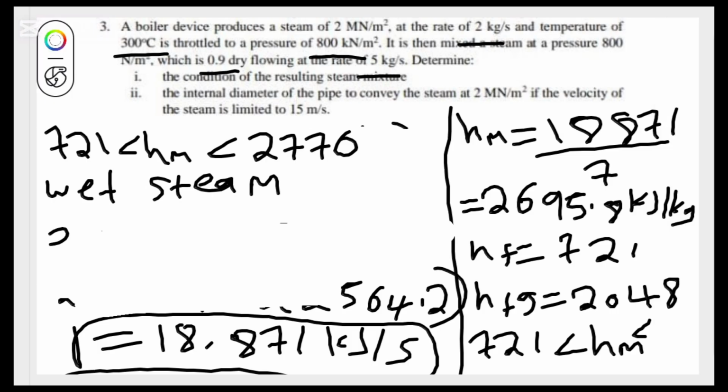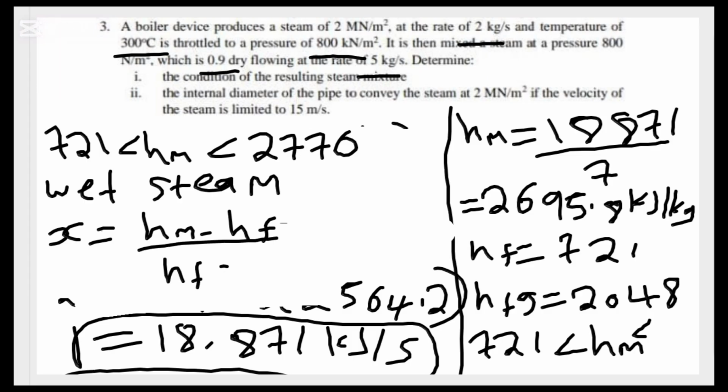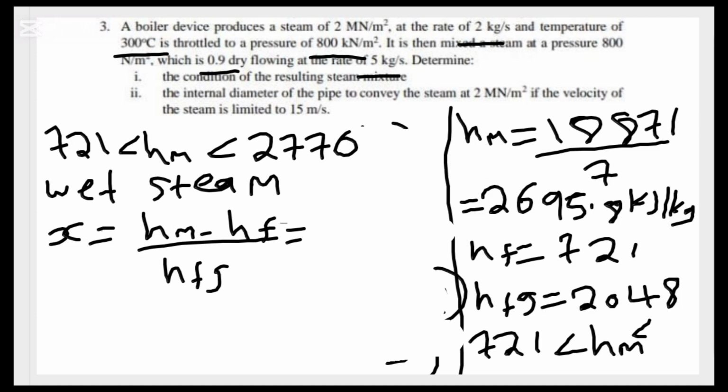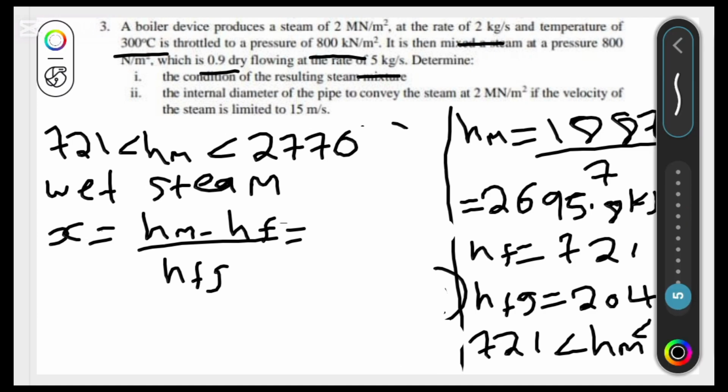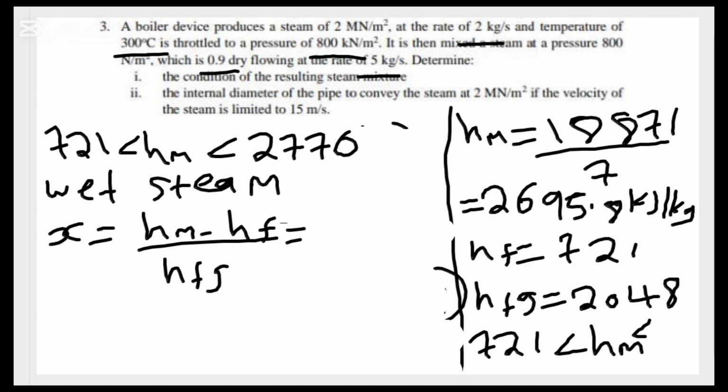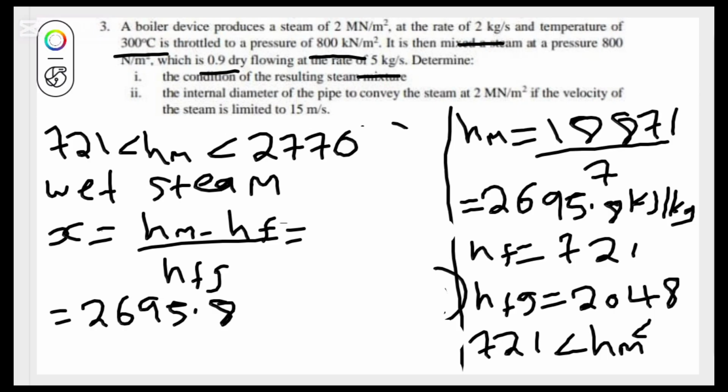So therefore, I will now focus on my dryness fraction. This dryness fraction will be equal to h_m minus h_f, divided by h_fg. So I'll have 2695.8 as my h_m that I already find.